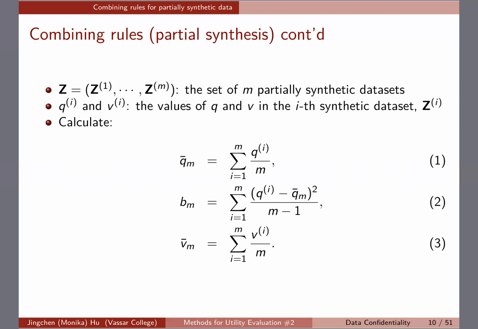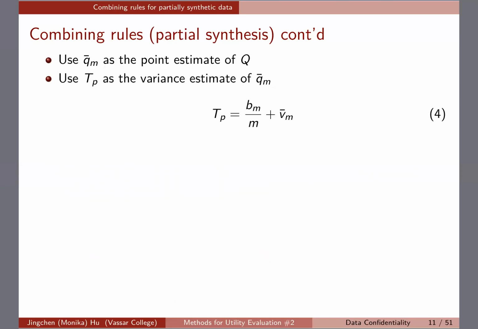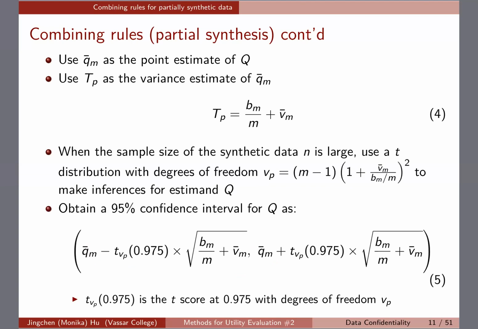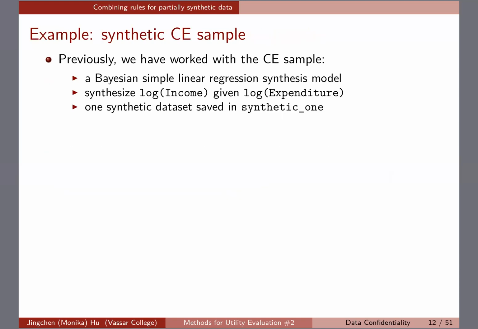Then we summarize them with Q bar M, BM, and V bar M. And then we combine the two sources of variability into the TP. Once we get there, we are able to do a point estimate with Q bar M, and the confidence interval estimate. All right, so this one will be straightforward. And synthetic C sample, again, it's partial synthesis.